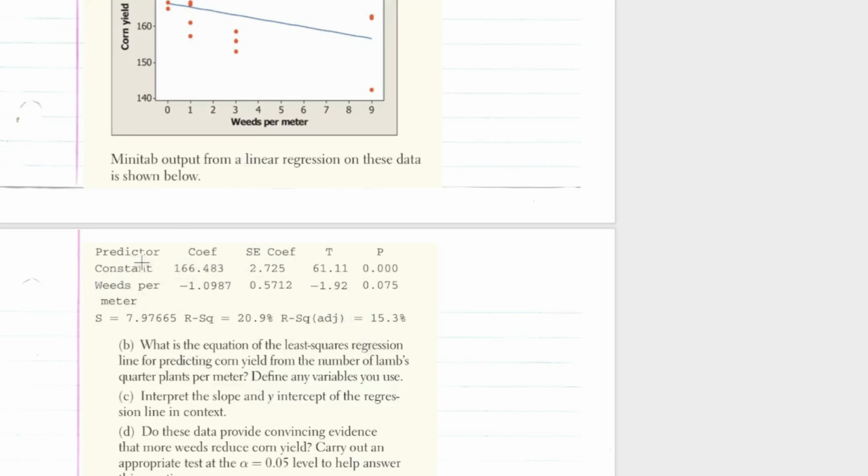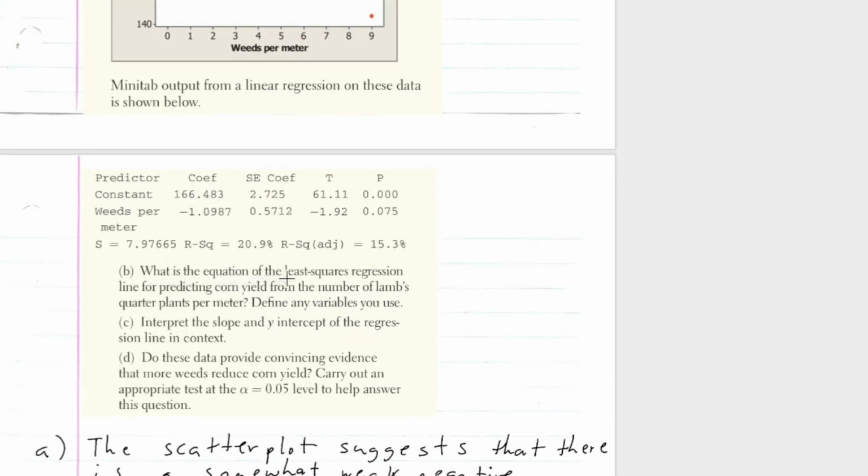So from this, what is the equation of the least squares regression line for predicting corn yield from the number of lamb's quarter plants per meter? Define any variable you use. Right off the bat, I know this is my constant in my linear regression, and this is my slope.